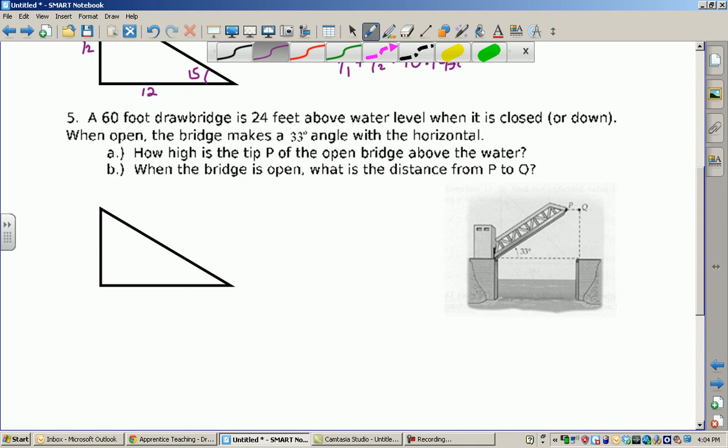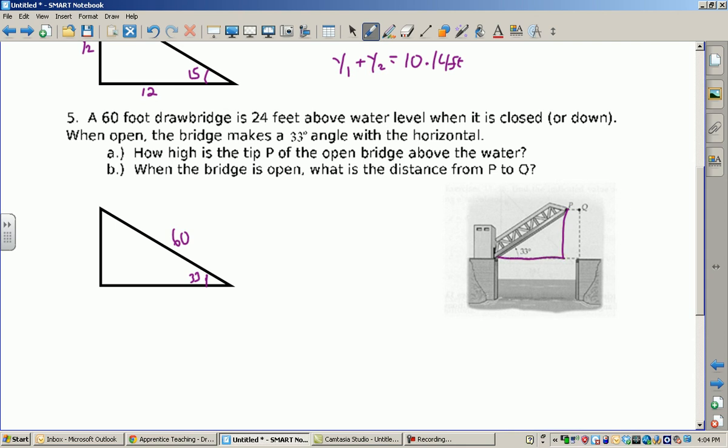I'm going to draw my triangle, and once again point P happens when the drawbridge has an angle of 33 degrees. I know the drawbridge is 60 feet long, and I want to know how far out. Last time we solved for y, now we're going to solve for x.